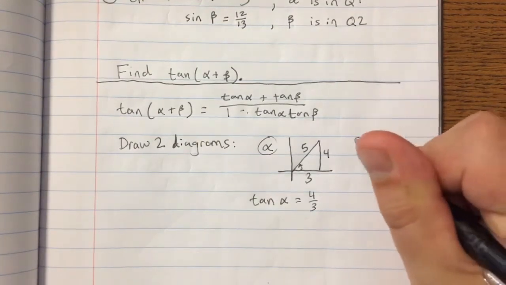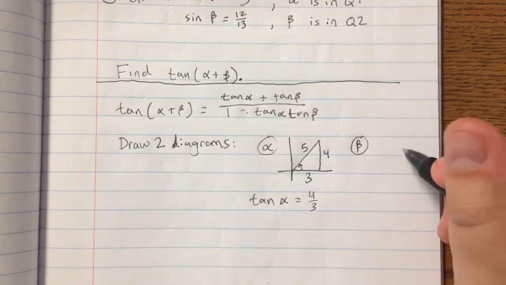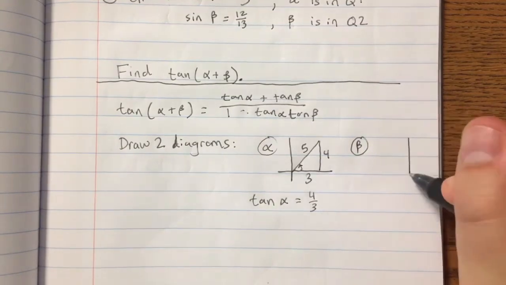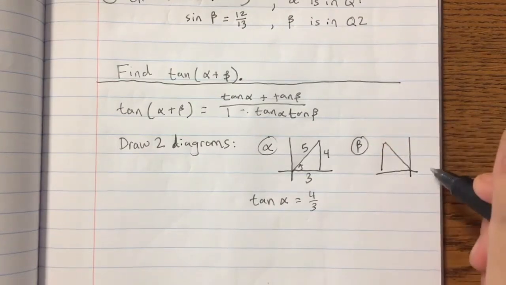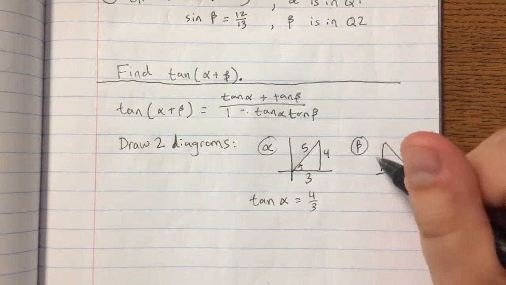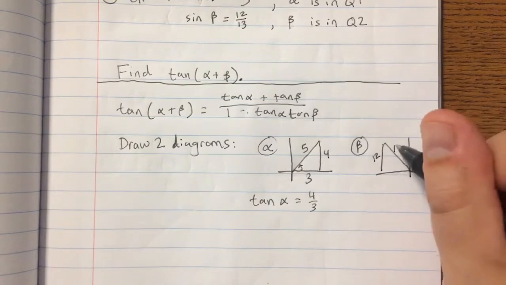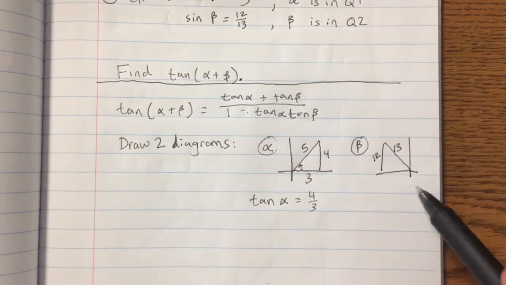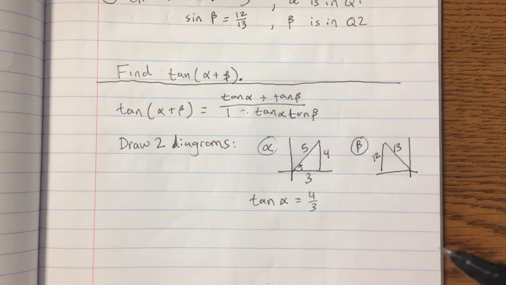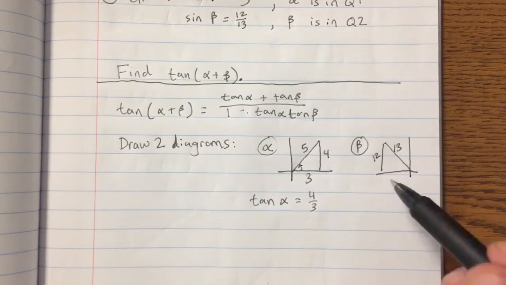Now let's do the same thing for beta. Beta's in quadrant 2. And we know that sine of beta is 12/13. We can use Pythagorean theorem again to find this missing side. This is going to be another Pythagorean triple. It's a 5, 12, 13 triple. So I'll save you that arithmetic.